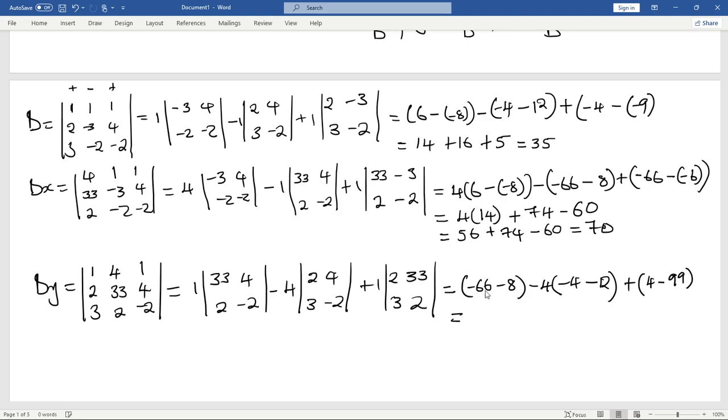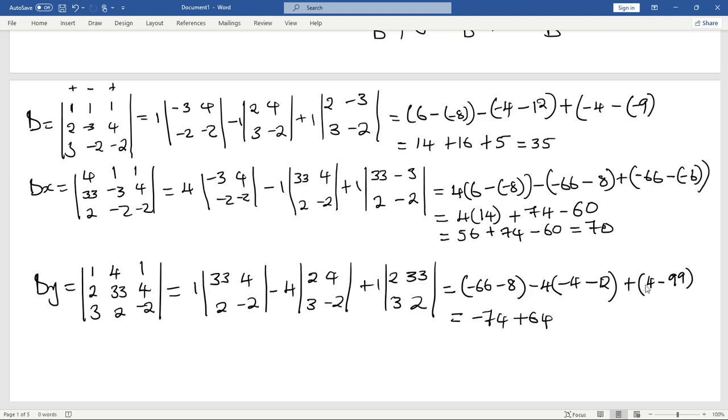So if we add what's inside the brackets here, so negative 66 minus 8, we get negative 74. Then here, negative 4 minus 12, we get negative 16. Negative 16 times 4 here, we get plus 64.